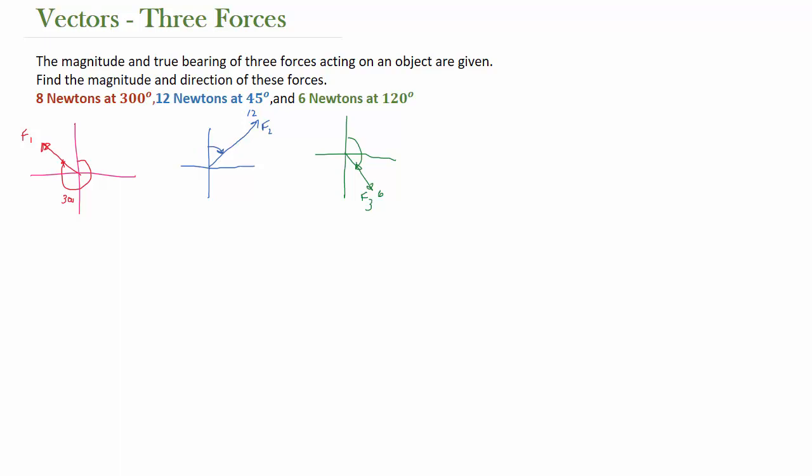So what we would do is we would take force 1, add on force 2, a little bit longer. Okay, I'm trying to mimic this angle here. And then force 3.